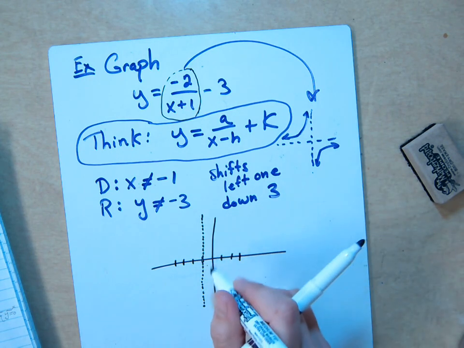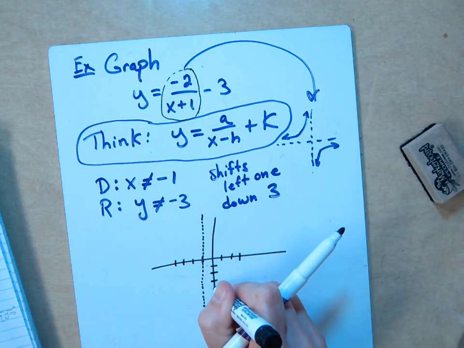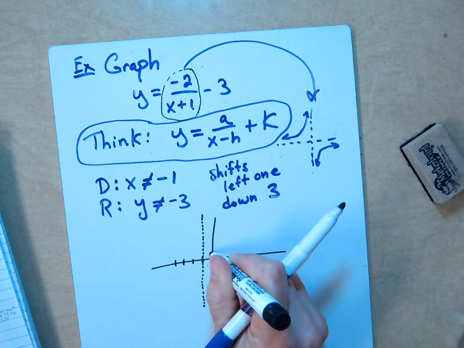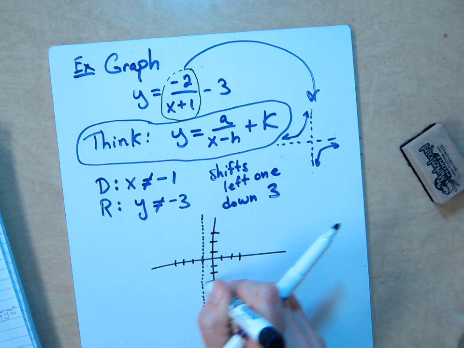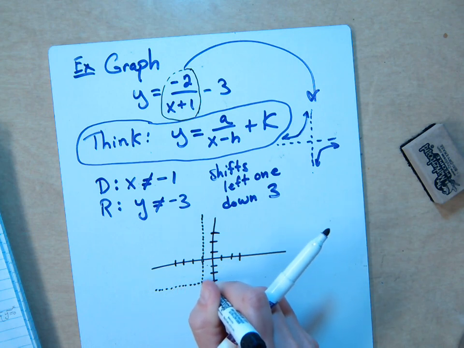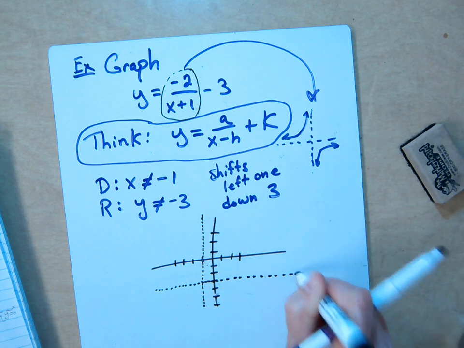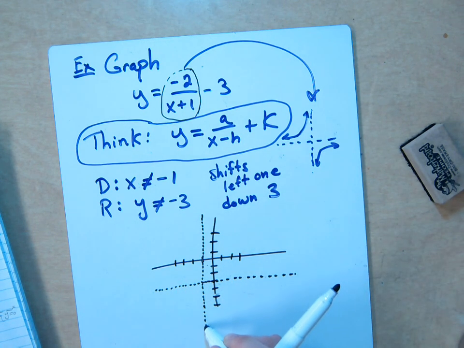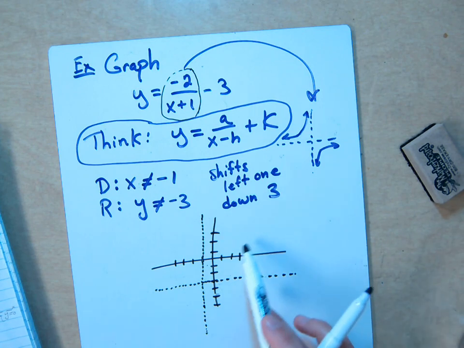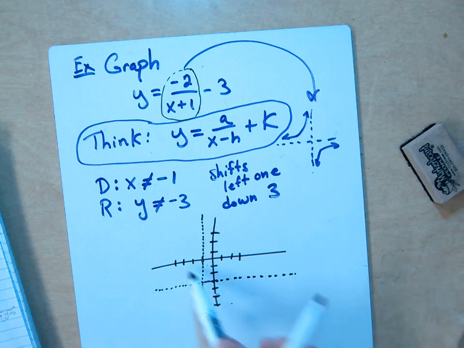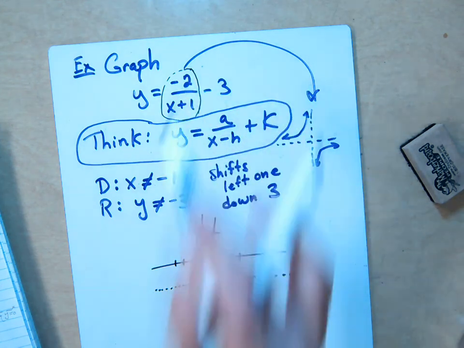And y cannot be -3, so go down to -3 and put an asymptote there. So which two quadrants? Is it these two or these two? Yeah, it's going to be these two because a is negative.